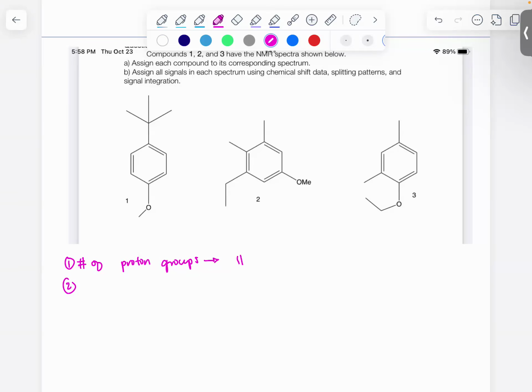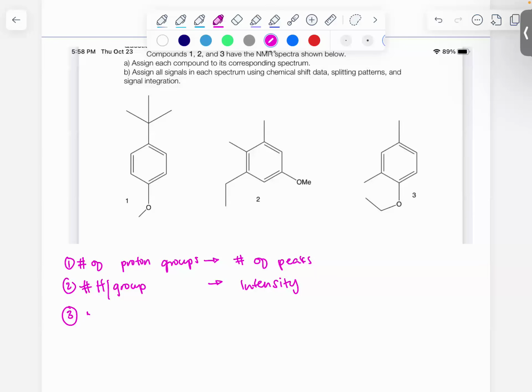This is going to tell you your number of peaks. Then within those proton groups, you'll see how many protons per group, and that will tell you the intensity of your peak.